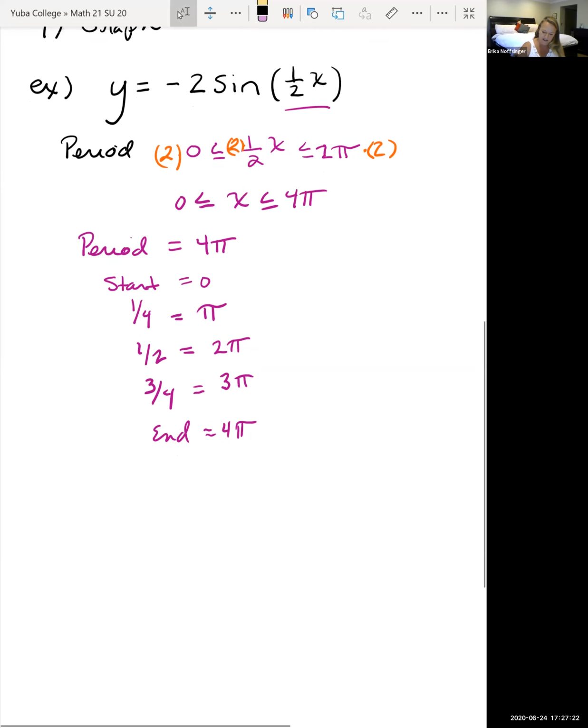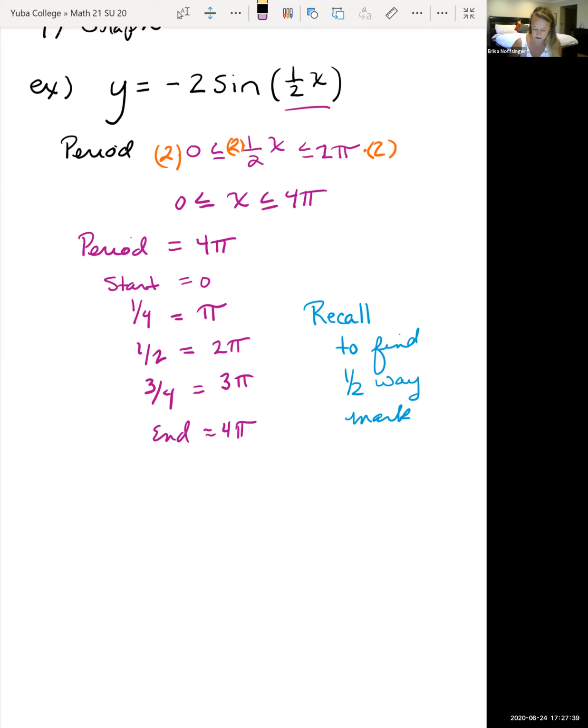Okay, so let me just put that in there so that you can recall. To find the halfway mark: start plus end divided by 2, but sometimes because we're dealing with fractions, it's easier to think of it as multiplying by 1/2, same thing.